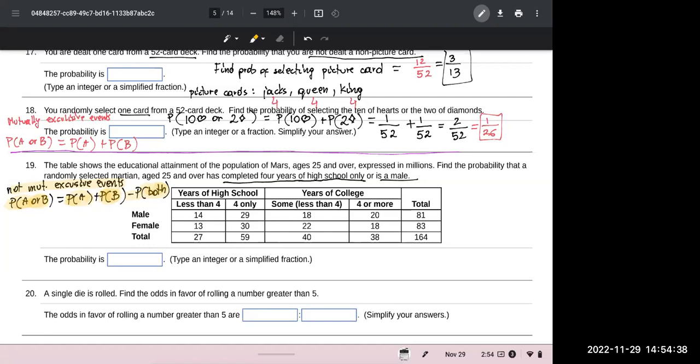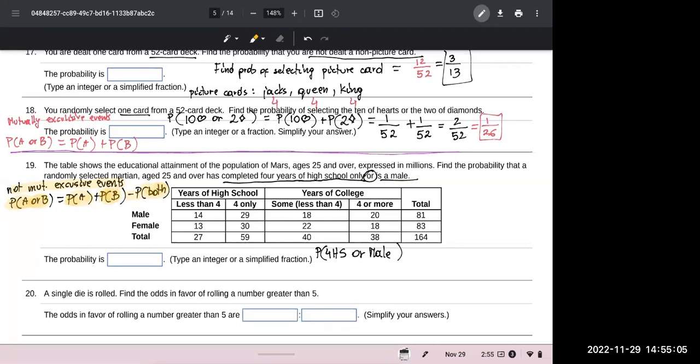So you see that or, that means you will have to add the probabilities. So this is what we need to do. We have to calculate the probability that I will select a person who completed 4 years of high school, or is a male.